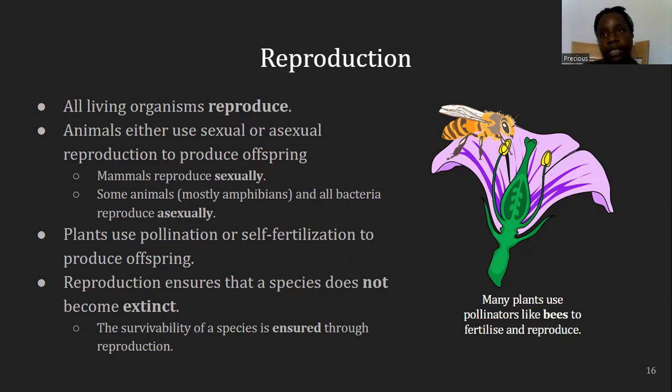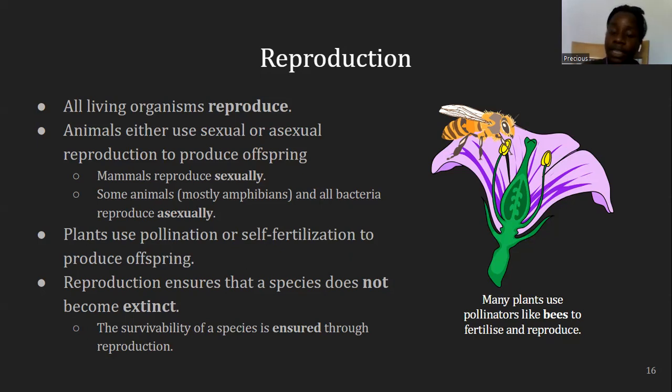Because think about it, any living thing that cannot reproduce will eventually die off, right? The beauty of reproduction means that as new living things are coming from the old, that particular living thing will always be represented in the ecosystem. So polar bears, as they have new babies or new polar bears, right, it means that the generations to come will hopefully get to see polar bears, because every living thing we're seeing now, including ourselves, came from an older living thing or living thing that came before, right?